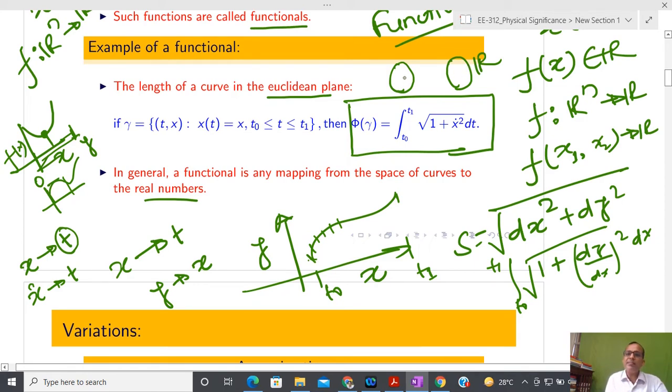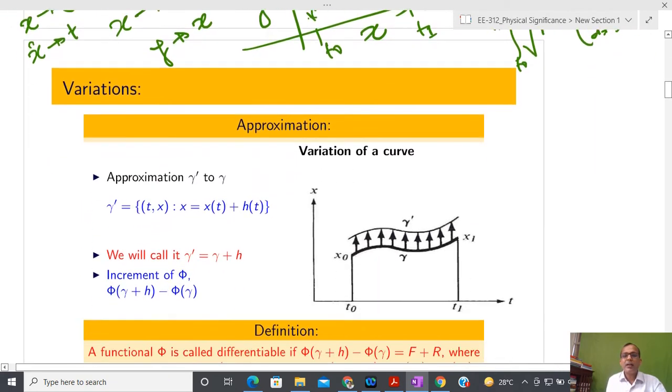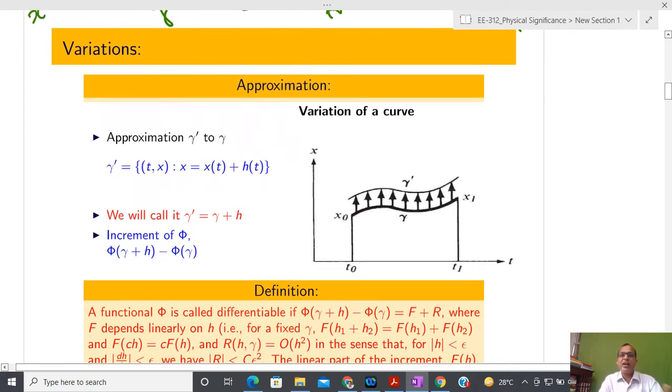So now I have any function that maps to a real number, and this is called a functional. A function of a function. Now let us come to the definition of variation. I hope that the definition of functional has become clear, since I am talking about a function of a function, which is called a functional.